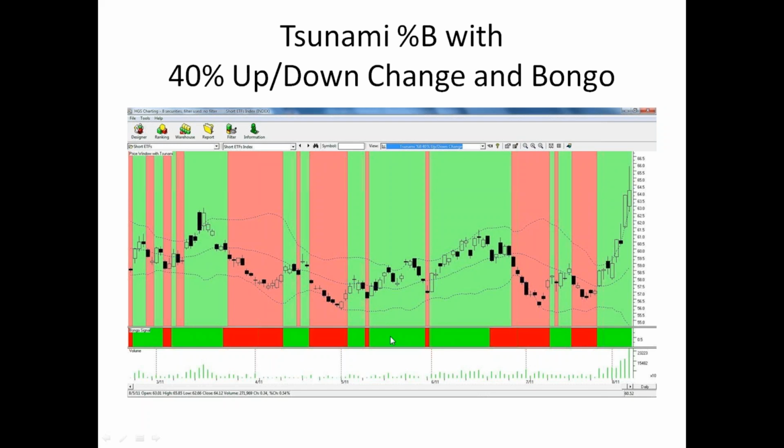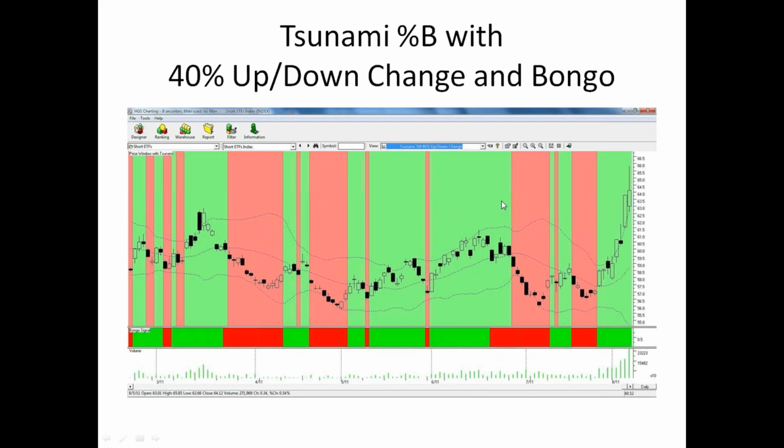And the Bongo changed from Bongo red, that's Bongo no, to Bongo green, which is Bongo yes. In these two here, the tsunami indicator and the daily Bongo gave the same signals on the same day. Now, what about here?